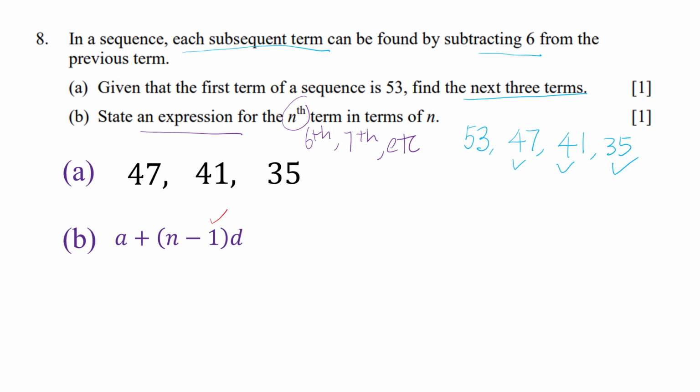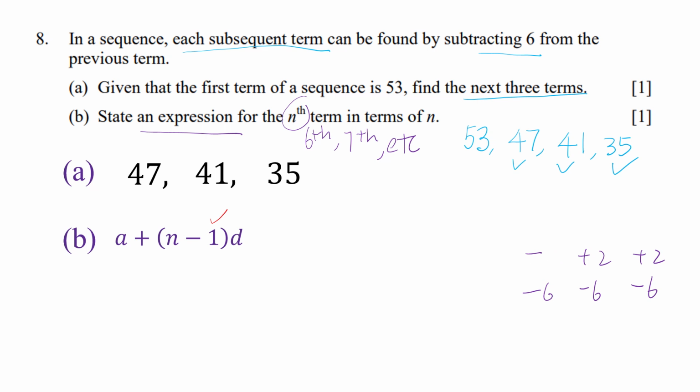If you have what we had earlier in the earlier slides, where the first term plus 1, second term plus 2, third term plus 3, fourth term plus 4, then you cannot use this formula. This formula is applicable only when you have things like plus 2, plus 2, plus 2, minus 6, minus 6, minus 6.